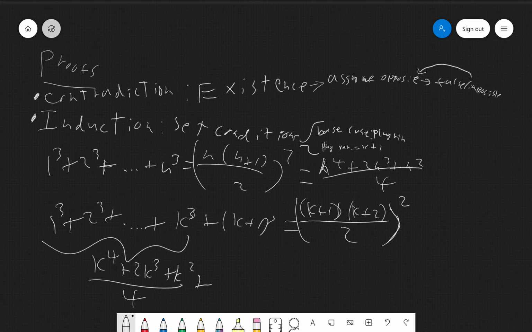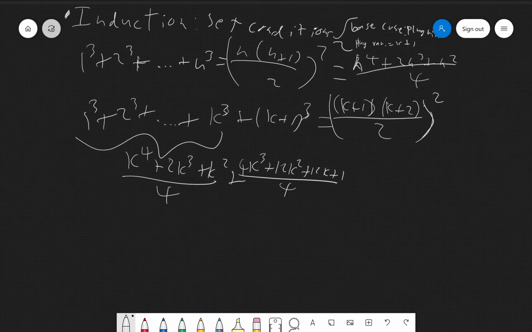Plus (k plus 1) cubed, and then that times 4 is gonna be 4k cubed plus 12k squared plus 12k plus 4 over 4. Now we have the common denominator. We can just add them. Boom goes the denominator, becomes just one of them. And then here we have (k squared plus 3k plus 2) over 2 squared.